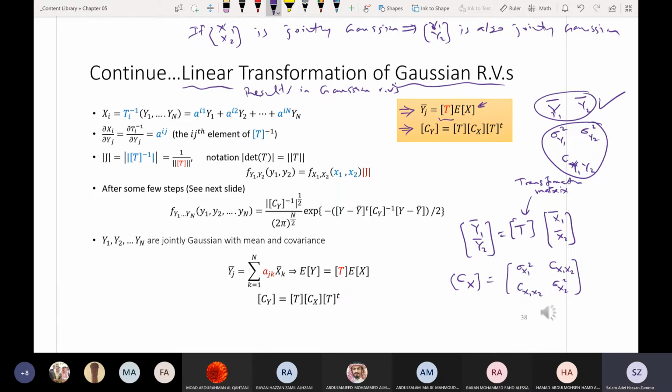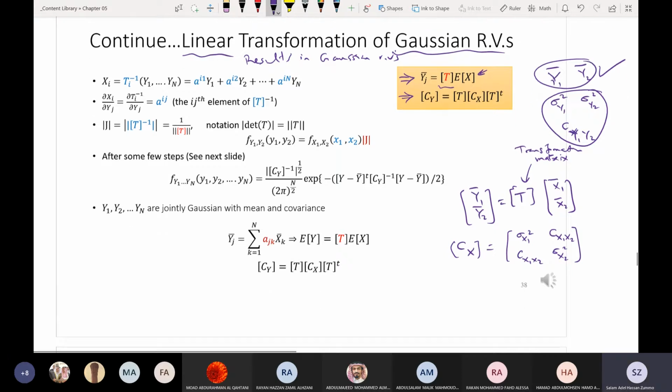Now if I know this, then I can write CY, the covariance for the vector Y, which will be equal to T multiplied by CX, multiplied by T transpose.